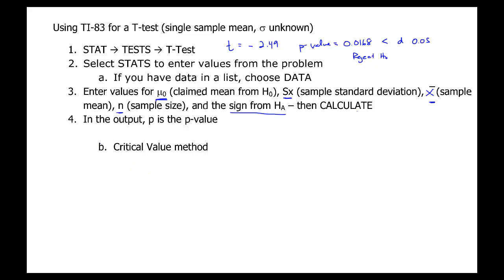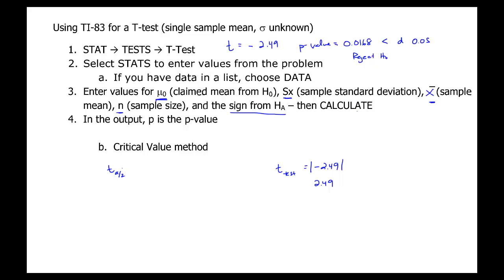All right, so the next method is the critical value method. We're going to take the value of t that we calculated, and we're basically looking at the absolute value of that, remember, same as when we were looking at z. So we're going to compare 2.49 to a critical value of t.